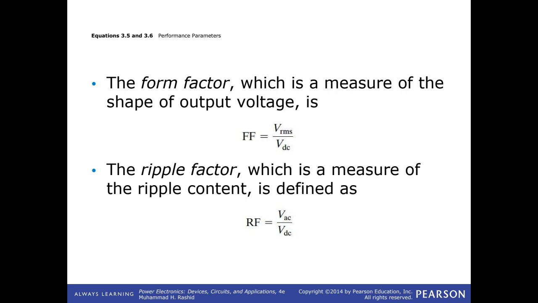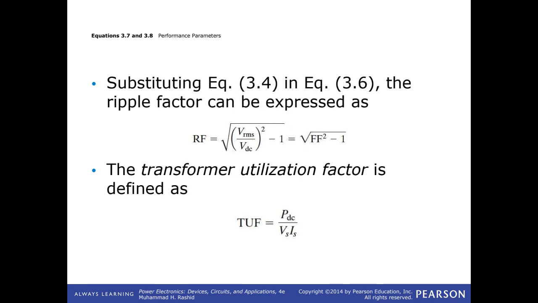Therefore, we prefer our ripple factor should be 0, but it is not. And the relationship between ripple factor and form factor is this. Form factor is higher than 1, so we prefer, or form factor is 1. This is the transformer utilization factor, the output power over input apparent power.